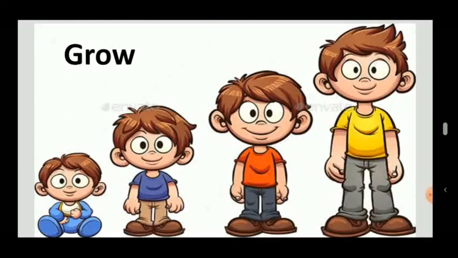Grow. Things which can grow. Like when we are in nursery, our body is small. Then day by day, year by year, we grow. Earlier, we were sitting in our mother's lap.